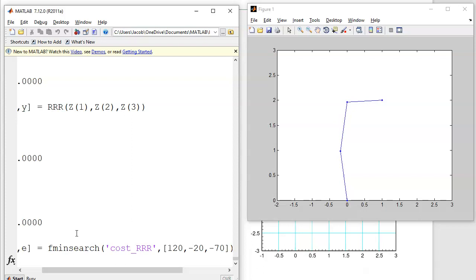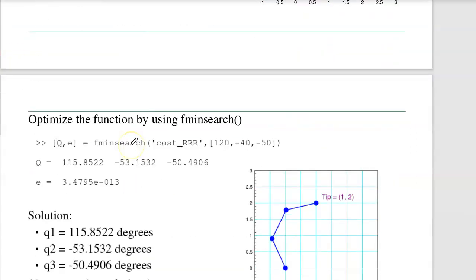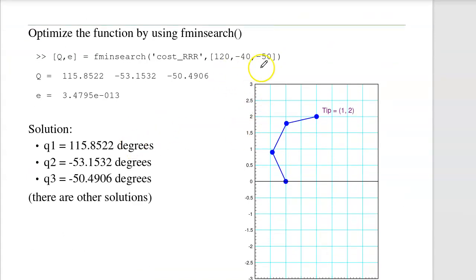A second perfectly valid solution is right here. So there's theta 1, theta 2, theta 3. That also puts you at 1, 2. Or a third solution, if I start from here, it'll iterate, find an answer. Here's a third possible solution.